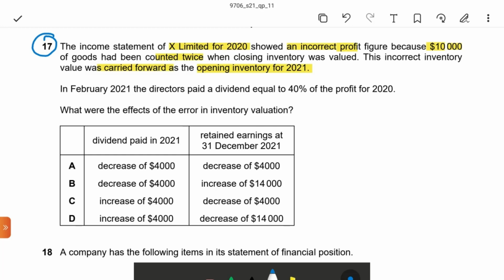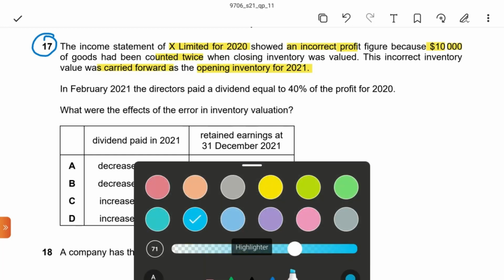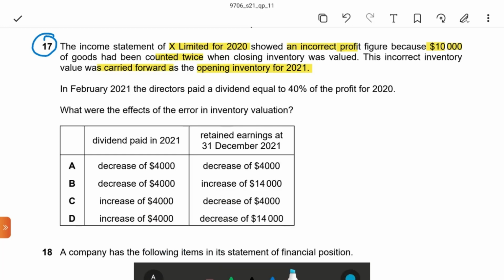So what is the question? The question asks: in February 2021, the directors paid a dividend equal to 40% of the profit for 2020. What are the effects of the error in inventory valuation?